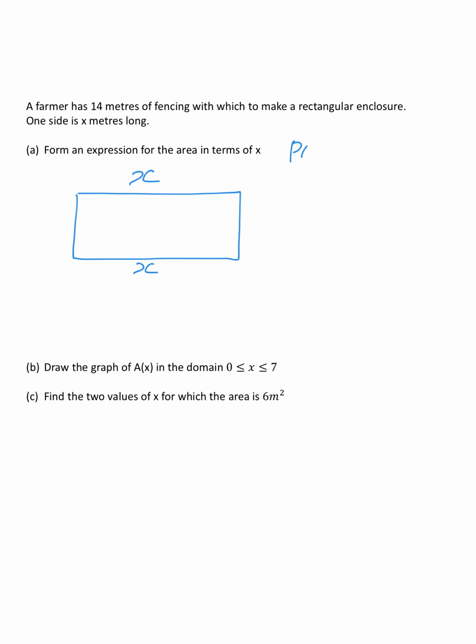The perimeter then is equal to 14. Now, the other side, I'm just going to call that the width. Okay, so I can form an equation now and equal it to the perimeter. Because we know how to find the perimeter, we add up all the sides. I know that the perimeter is 14.